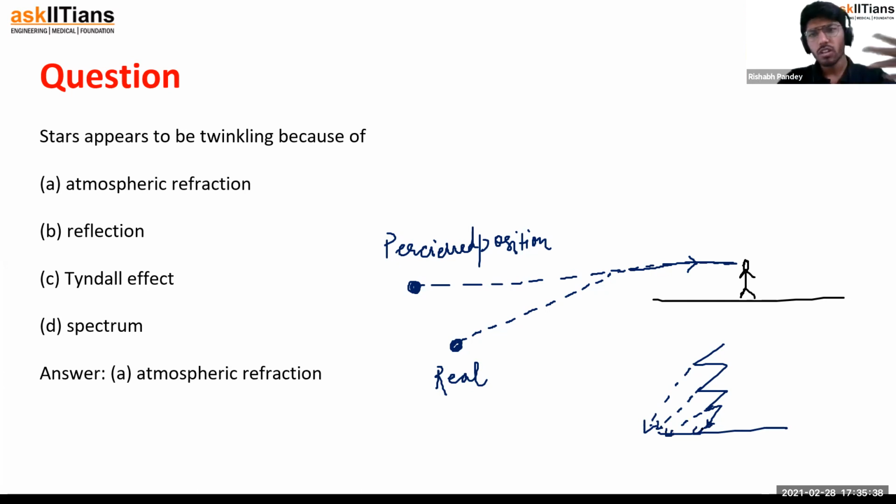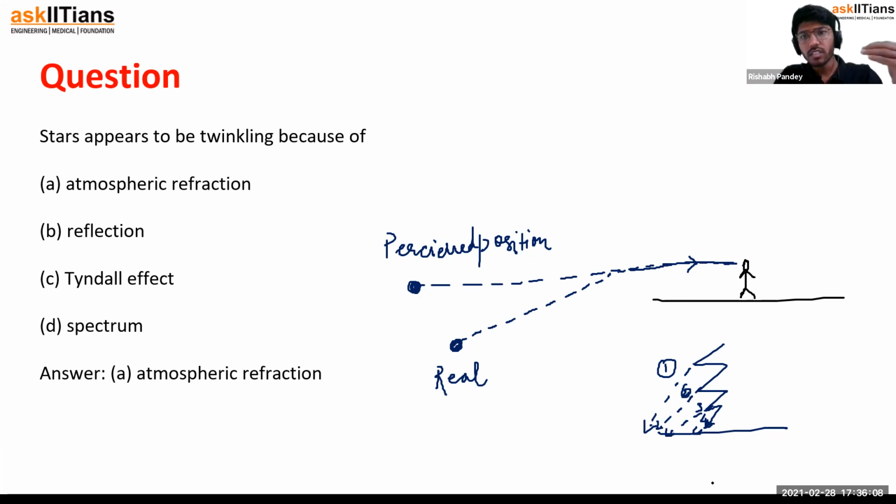But is the density or the temperature constant all across? No. The temperature and the density do vary, right? So say this is ray 1, this is ray 2, 3 and 4. If the density of the 3 has decreased, it will look a bit dull, right? And the point is that at one time the density of one of the rays will increase, at other time the density of the other ray will increase.